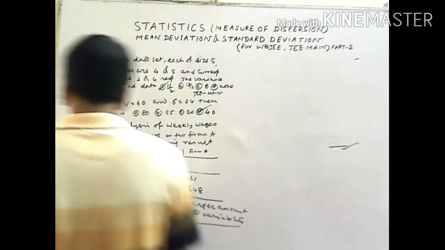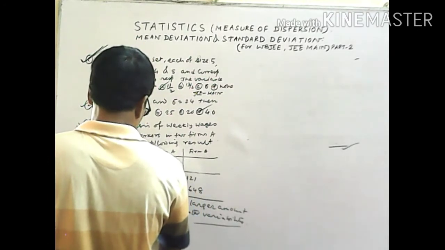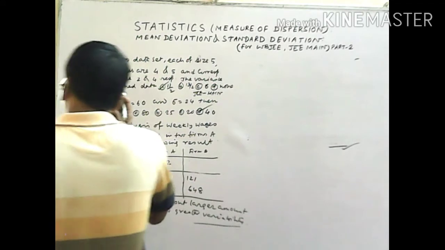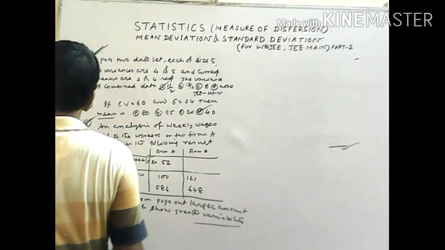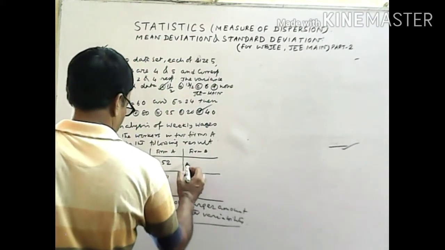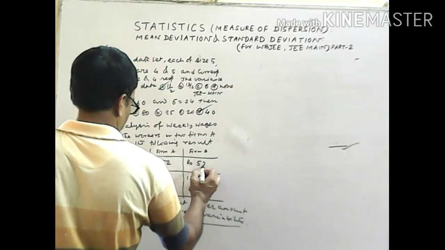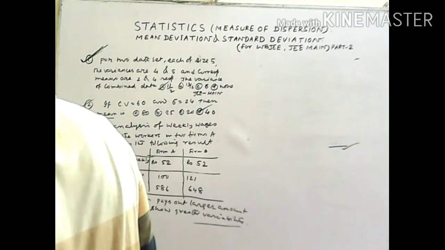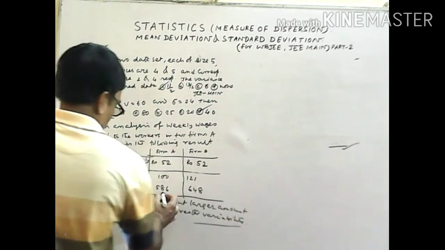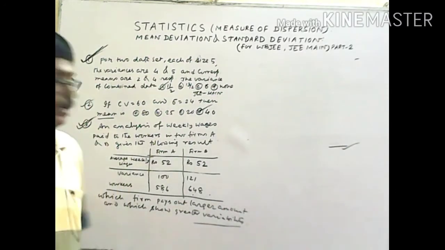This is rupees 52, and it's also rupees 52. Number of workers: 586 and 648. Which firm pays a larger amount and which shows greater variability? There are two parts.